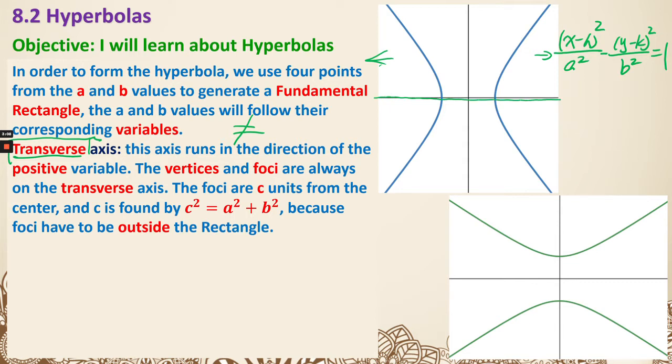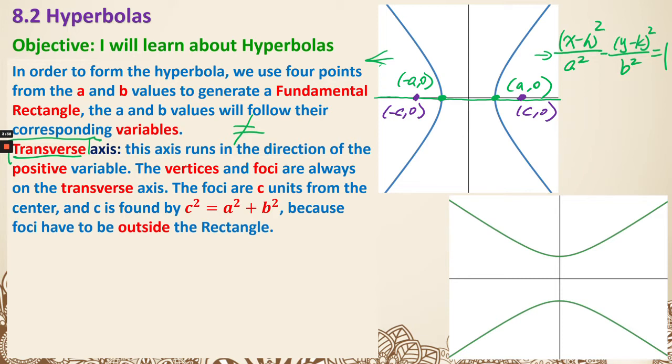My vertices would always be on the transverse axis, and also my foci. So here's my negative a, 0, and here's my a, 0. There are my vertices on the transverse axis. As for my foci, they are going to be right here: that is my negative c, 0, and that is my c, 0.